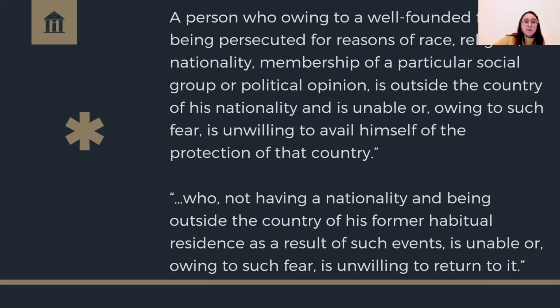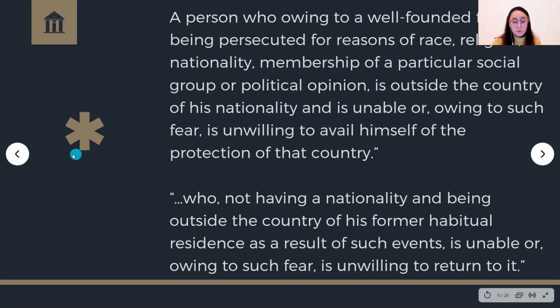This is the right to seek international protection status.